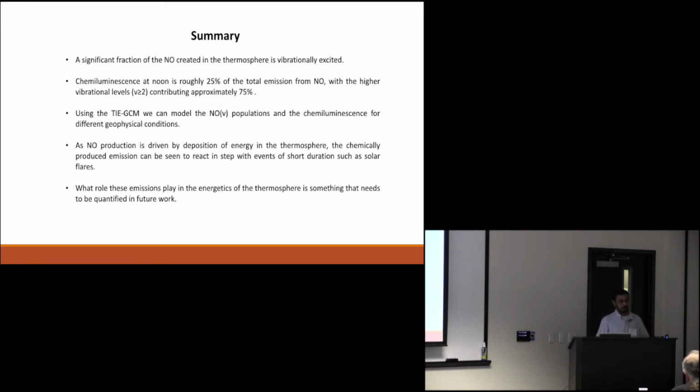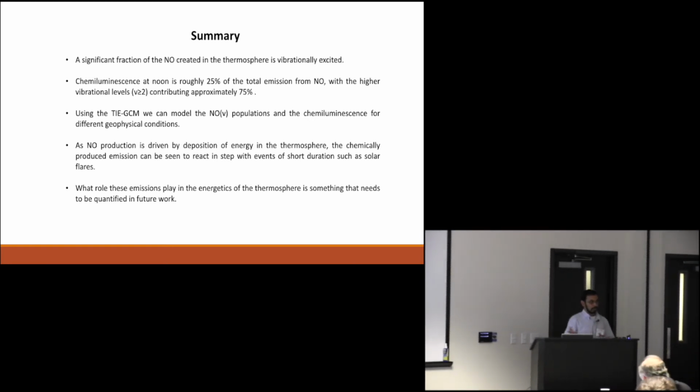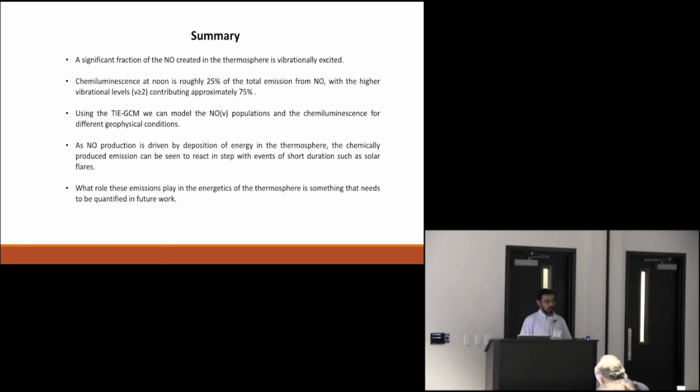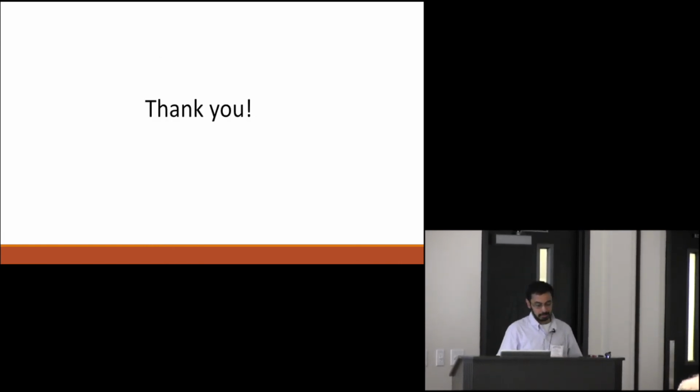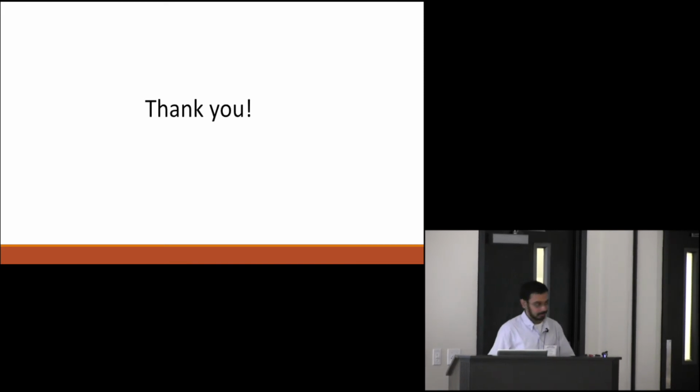But a key point is that we need to figure out what the energy transfer processes are, because the NWD reaction isn't that straightforward as compared to the NO plus O thermal reaction, where you have thermal energy getting converted to radiation versus electronic energy that gets converted to radiation. So, thank you.